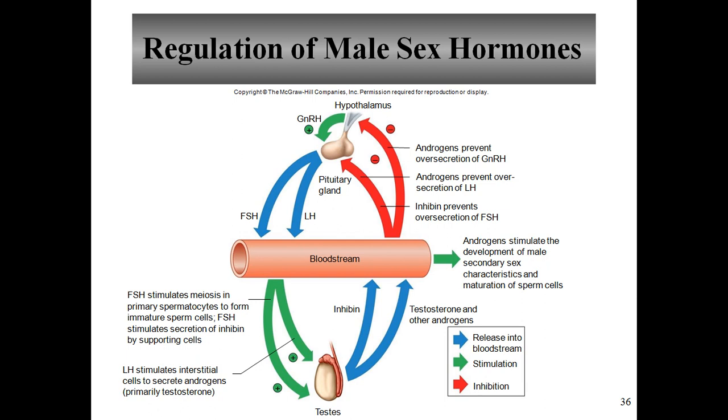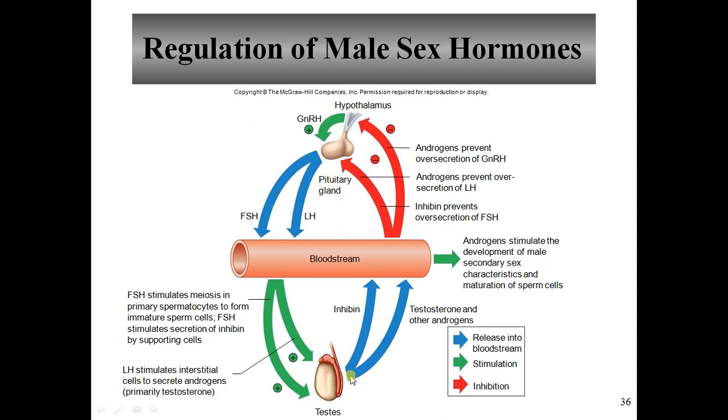When the blood concentration of testosterone drops, the hypothalamus becomes less inhibited and once again stimulates the anterior pituitary to release luteinizing hormone. Male climacteric is a decline in sexual function that occurs with age.